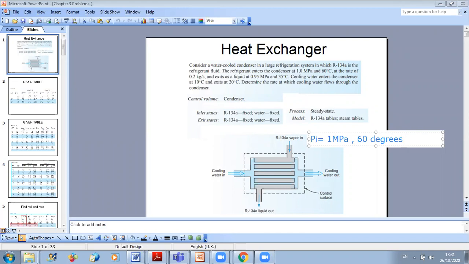So for the exit, they gave you the state: you have a liquid at 0.95, so P out is equal to 0.95 megapascal, and we have a temperature T out. If you want, we can add R for the refrigerant, because we also have water. So PR outlet and TR outlet are given.